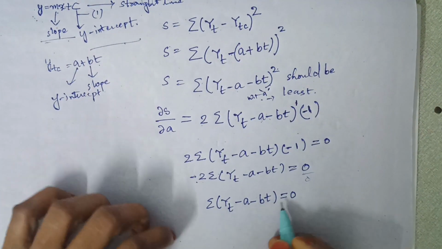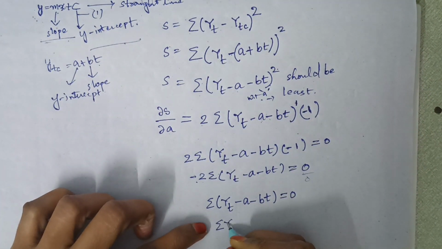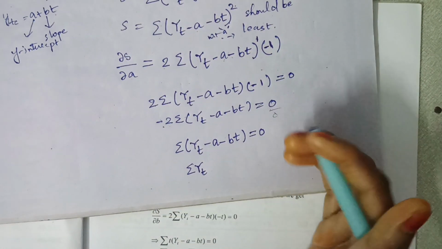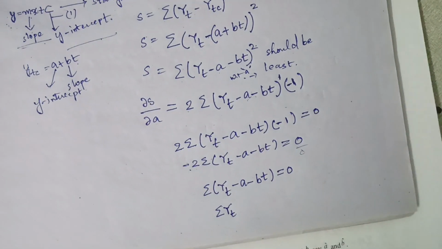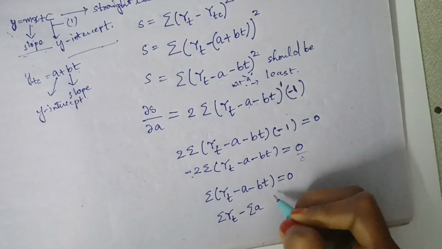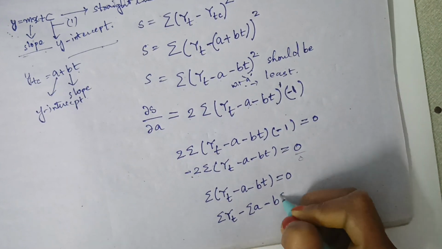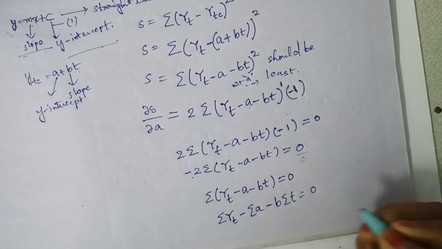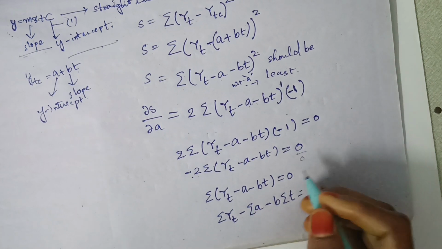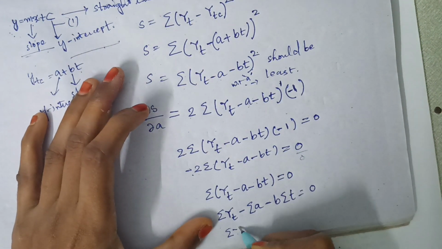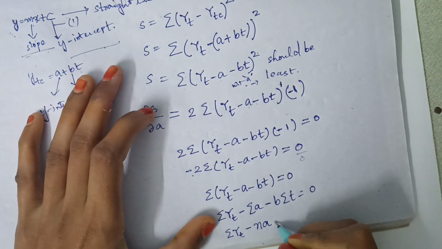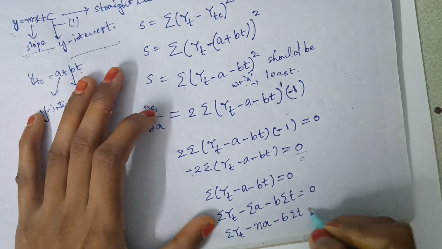If you multiply out this summation, we get summation yt minus summation a minus summation bt. Here b is constant, and we take the summation up to n. Therefore we get summation yt minus na minus b summation t is equal to 0.